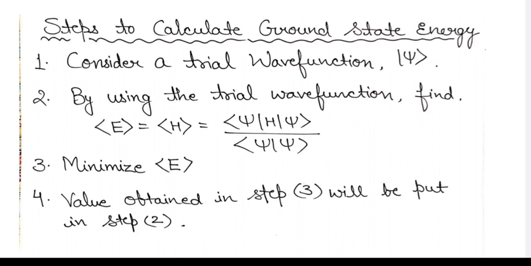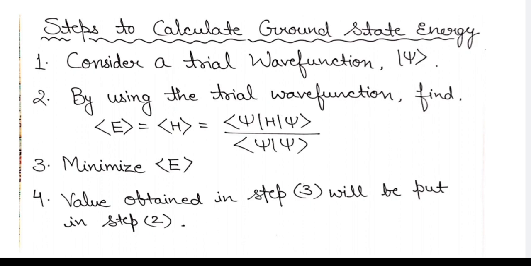Now, the third step is that we have to minimize the expectation value of energy or Hamiltonian. But how can we minimize it? For that you have to take its partial differentiation with respect to the variational parameter or constant. When you look at the wave function which is given to you, that is the trial wave function, there will be constants present there.